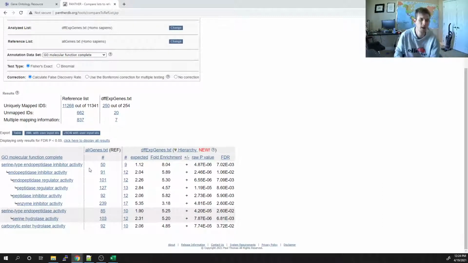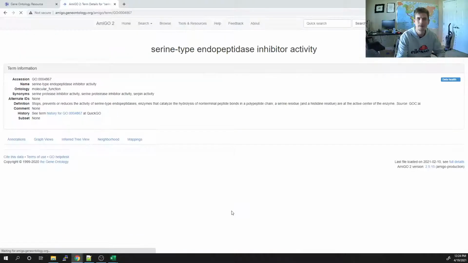Somebody who's probably a bigger nerd with this probably knows more. But endopeptidase, regulatory. Not the most helpful term, but if we click on this, it will give us some description, and it says it's related to coagulation to some degree.